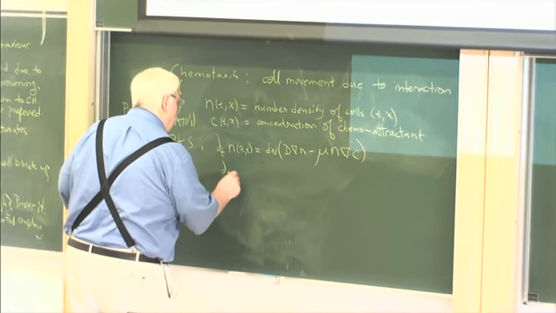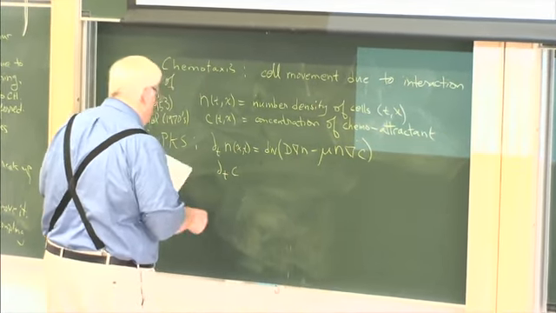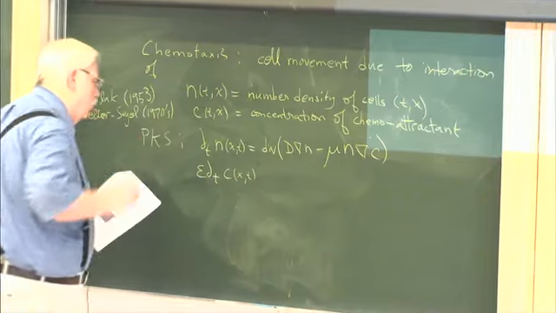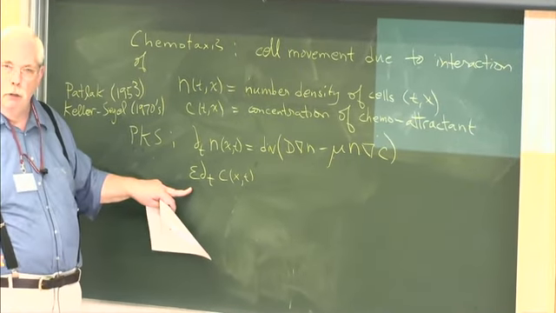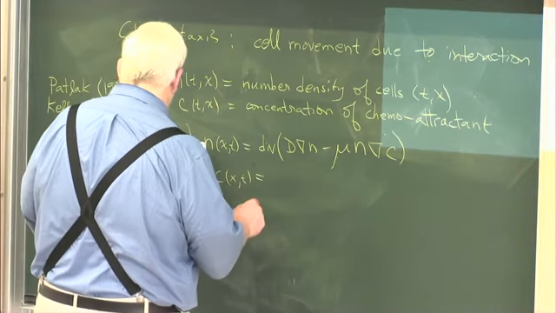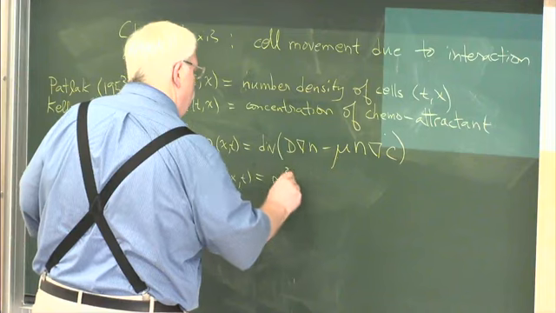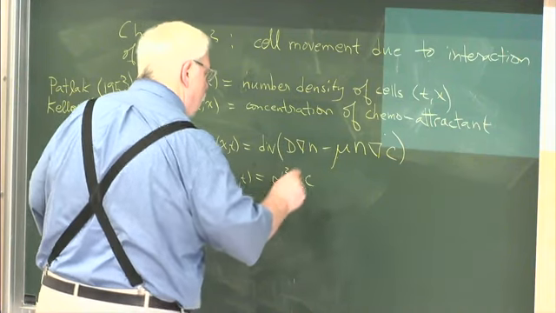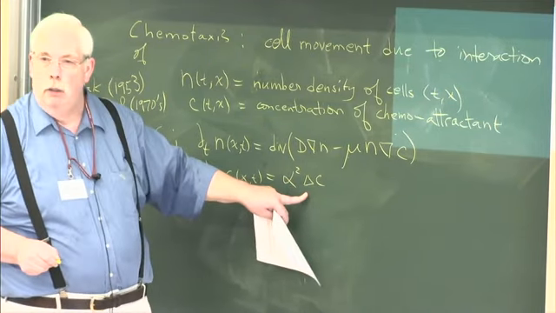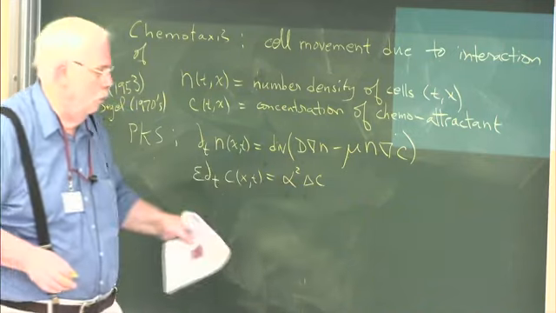And d by dt of c, of x and t, has an epsilon in front of it. And when epsilon goes to 0, it's an interesting limit. And that's equal to alpha squared Laplacian c. Alpha squared is the length. Alpha squared Laplacian is dimension free.